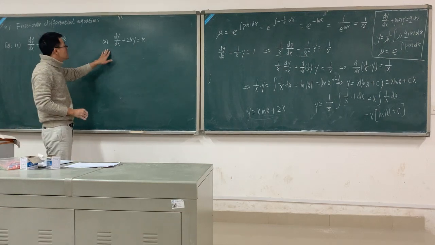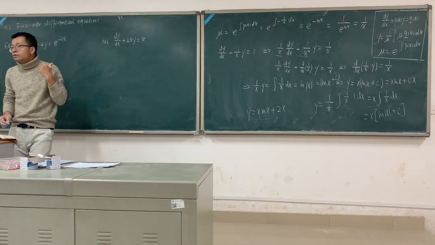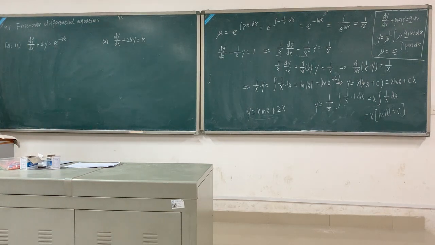The second one is dy/dx plus 2xy equals x. Now do it, okay?